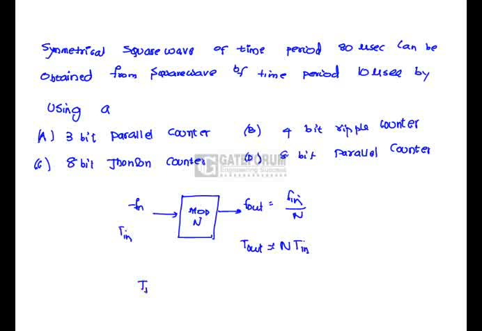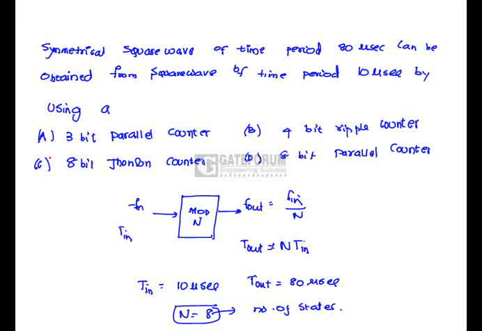Here T in is 10 microseconds, T out is 80 microseconds, so n is equal to 8. This is the number of states present in a counter. If we take option A, a 3-bit parallel counter, 3 bits means 8 states are possible. In case of B, 16 states are possible. In case of C, 16 states are possible, and in case of D, 2 power 8, 256 states are possible. So option A is the only correct option.